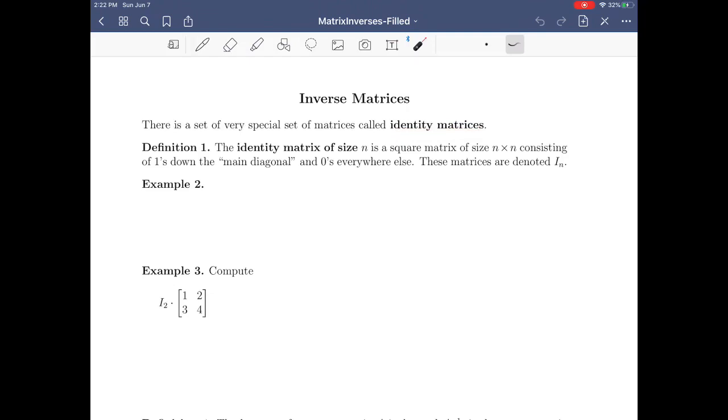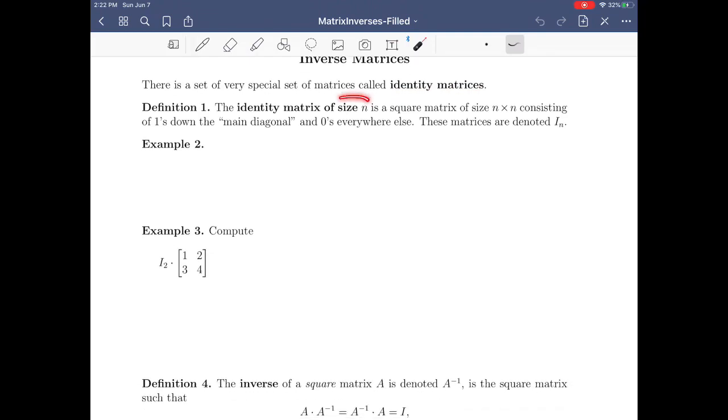The identity matrix of size n is a square matrix, so it's size n by n, and it has 1s along the main diagonal, 0s everywhere else. We denote these with I sub n, because there's one for every positive integer size n. For example, I1 is just the 1 by 1 matrix with the number 1 in it.